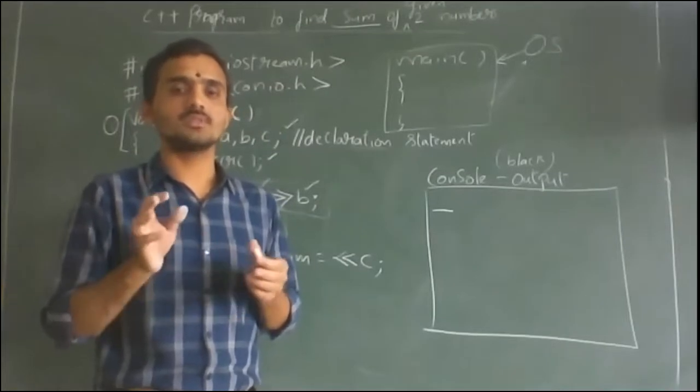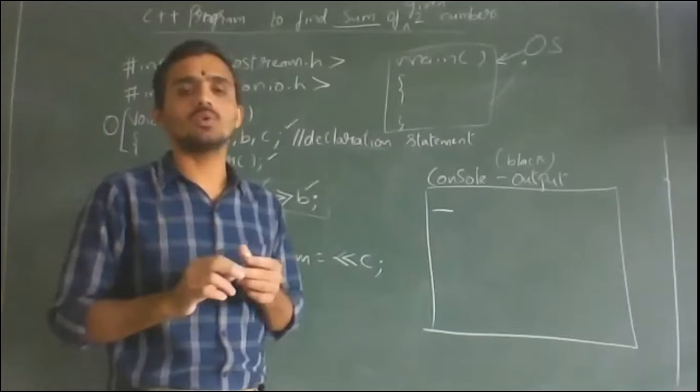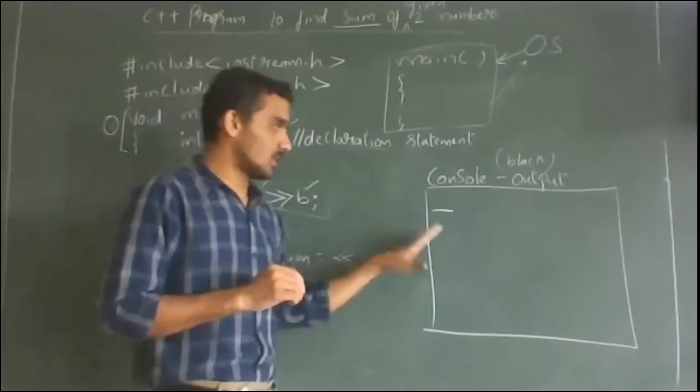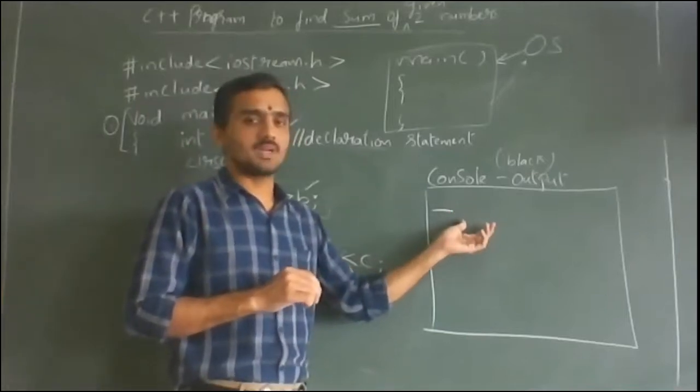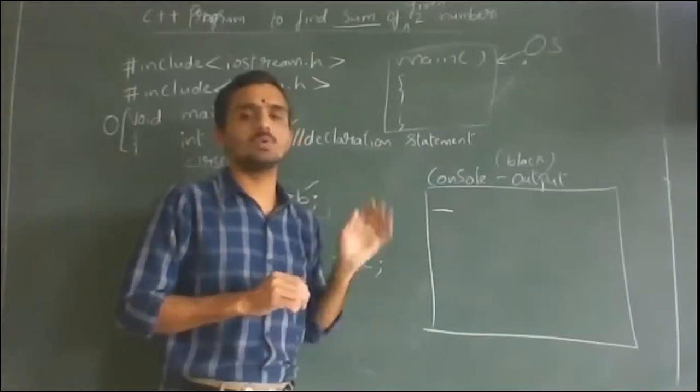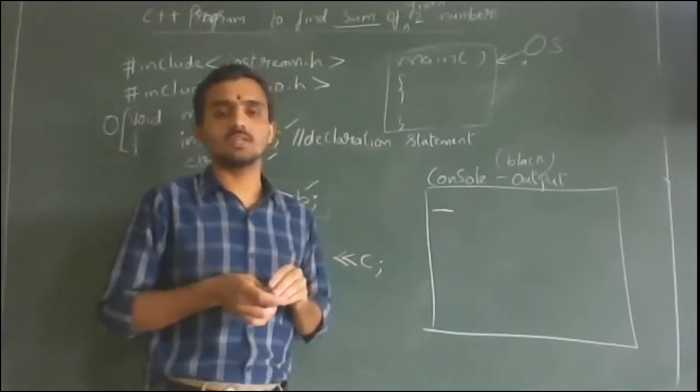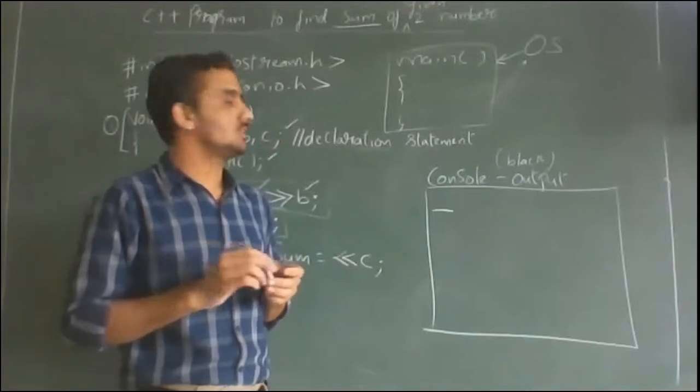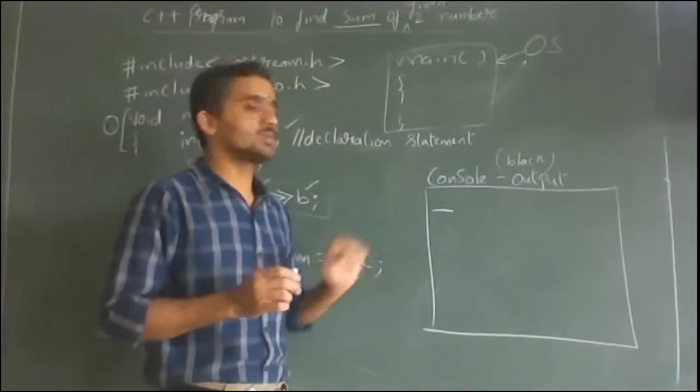For 2-3 minutes, if it stays on the same screen, we will not come to know what to do. So in the same thing, if the program is executed, if it appears black screen and if the cursor starts blinking, we will not come to know what to do. So what values, either we have to type our name or integer values, we will not come to know. So for that purpose, what should we do?